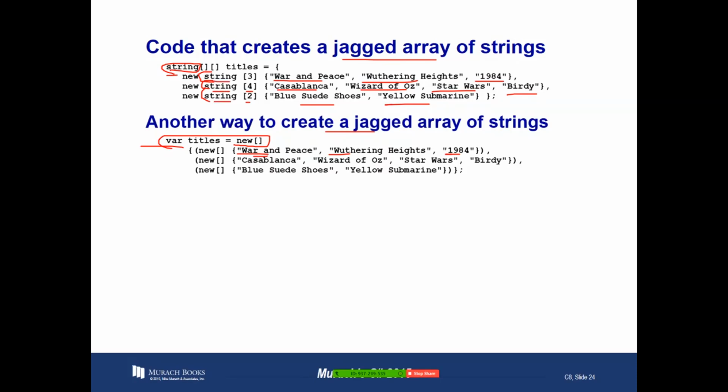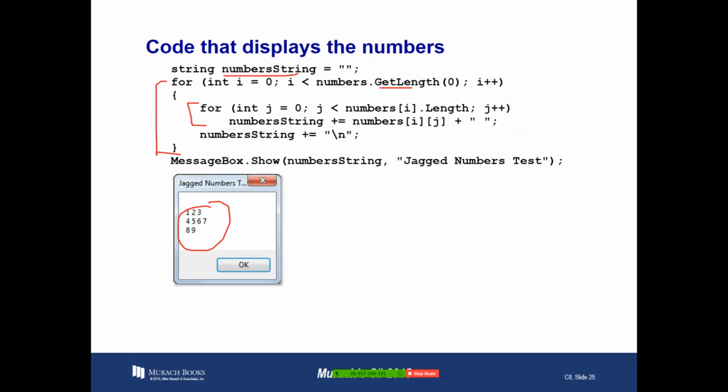And we package these 3 arrays up into a bigger array, which is this first thing here, called titles. And so it makes sense that when we're looking at the outside, it looks like a 2-dimensional array. It's actually a jagged array, but it looks like a 2-dimensional array.